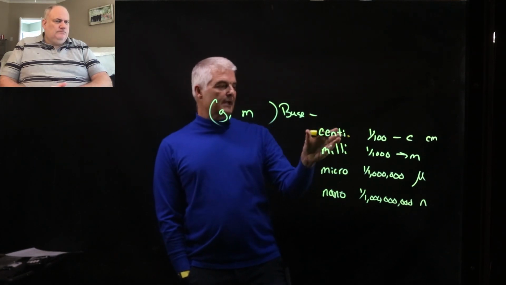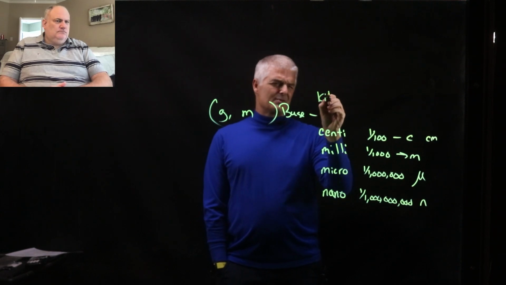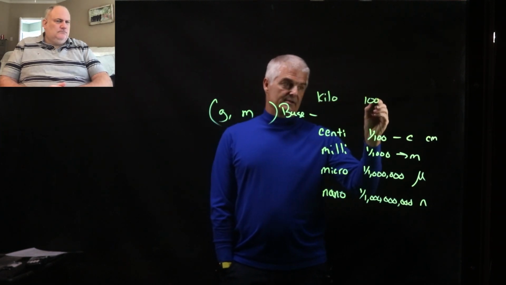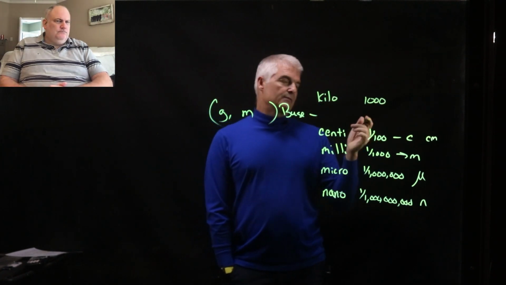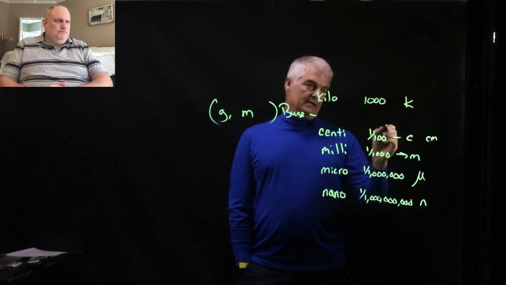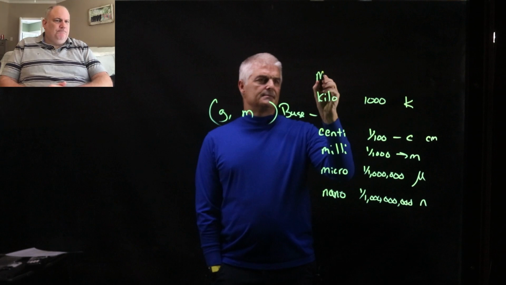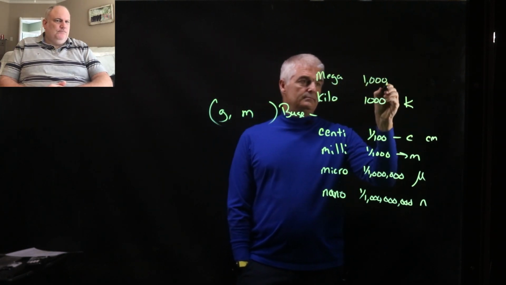And then we keep going up bigger. There are actually others we're not going to talk about. The first one is kilo, and kilo means 1,000. So there are 1,000 grams in a kilogram, for example, and that's a little k. What's the next one up? Mega, and mega is a million.